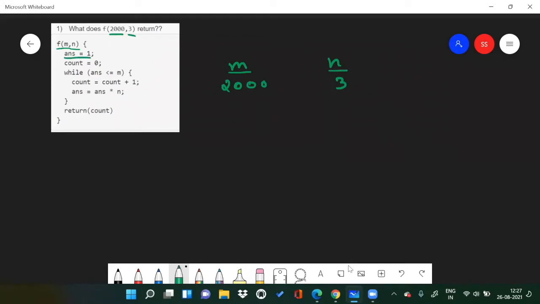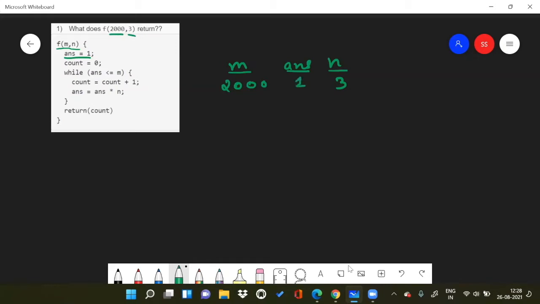The second variable is answer. I'm writing it over here for the sake of easiness. You'll understand in the later part of the code why I wrote this over here. The answer is denoted as 1.